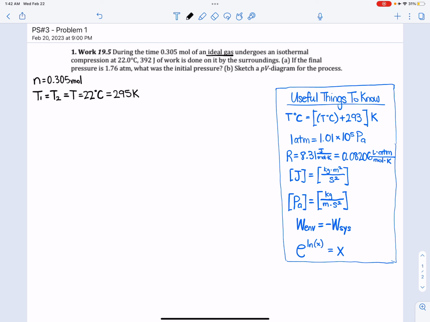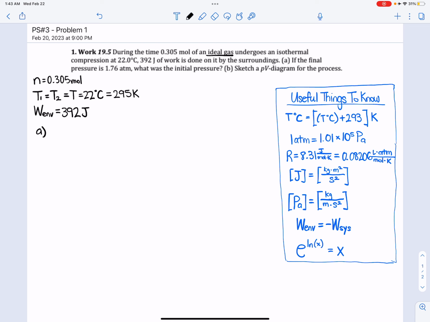What else do I know? There's 392 joules of work done on it by the surroundings. So work by the environment, or work done by the surroundings, is equal to 392 joules. Again, we know that whatever the work by the environment is, it's just negative work done by the system. So for part A, if the final pressure is 1.76 atm, what is the initial pressure?